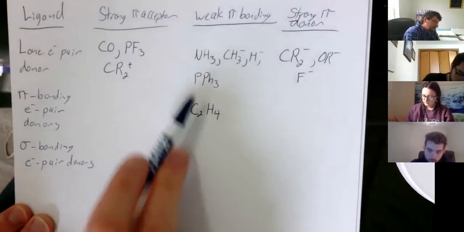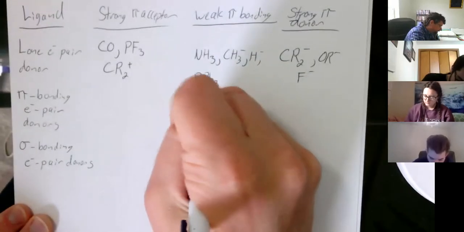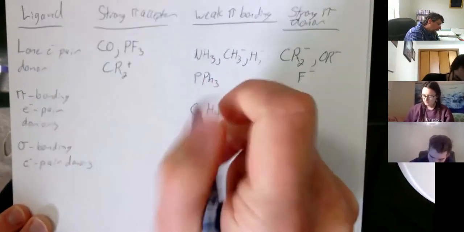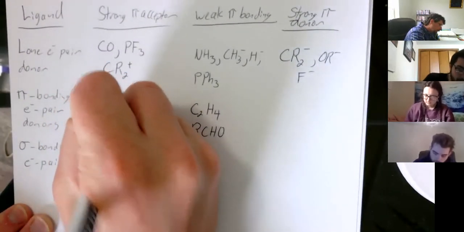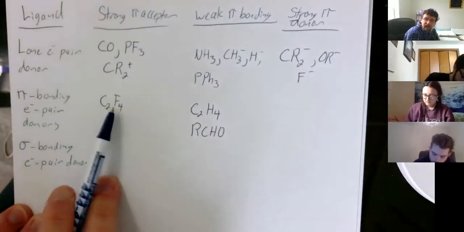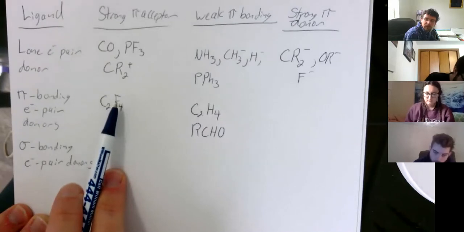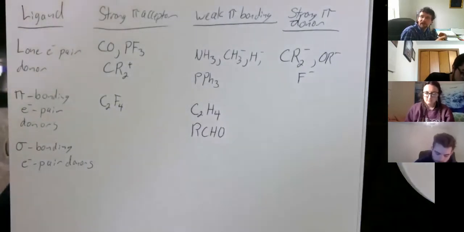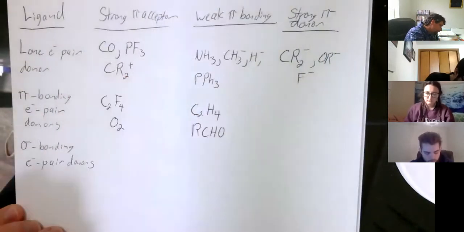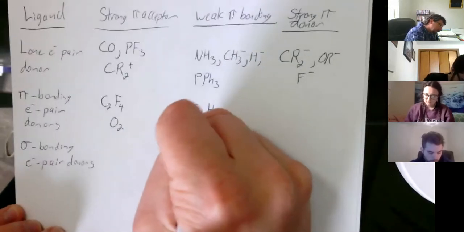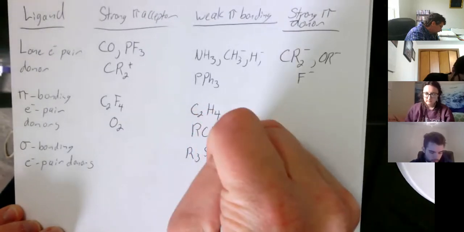Ethylene can form a pi bond, but it does some weak type of pi bonding. Aldehydes also do a kind of weak job. So fluorinated ethylene is actually going to be a really strong pi acceptor because of how it withdraws electron density from that pi bond. O2. And then we got some silanes.